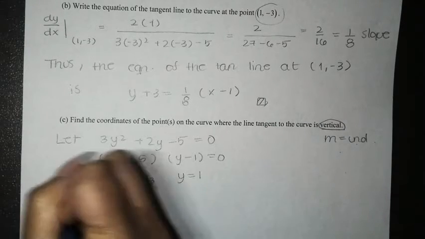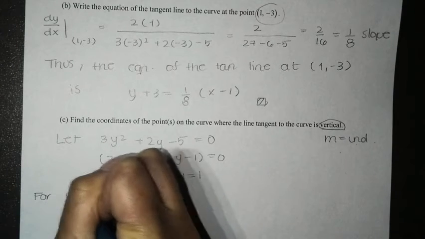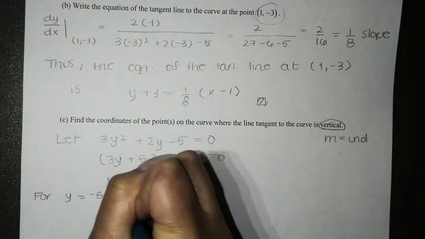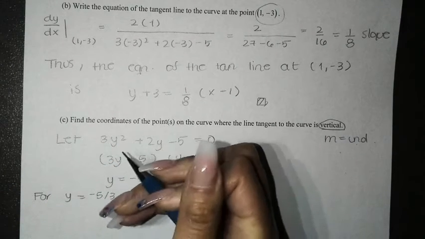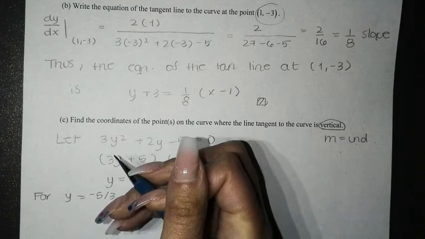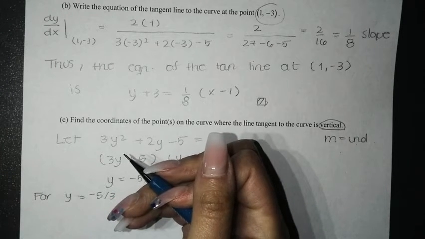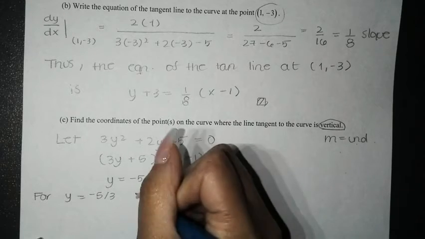For my first case, y equals -5/3, you are going to plug this value inside your original equation and solve for x.